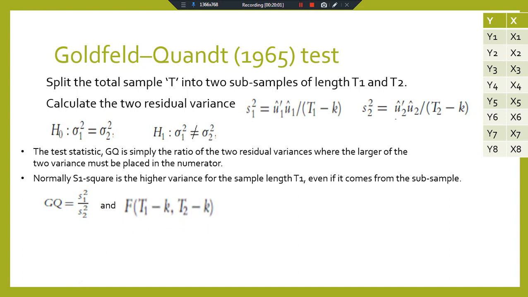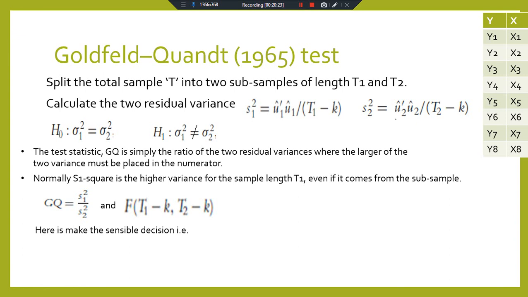For the F distribution, we use the F statistic with T1 minus k and T2 minus k as our degrees of freedom when we are using the GQ test of heteroscedasticity. Okay, here is how to make a sensible decision.